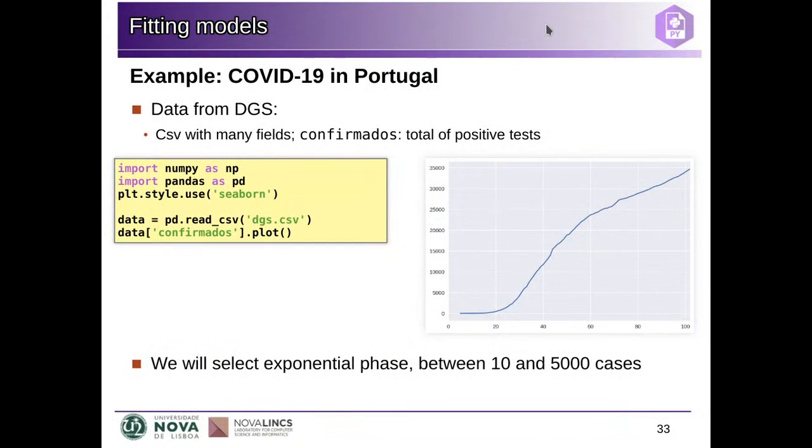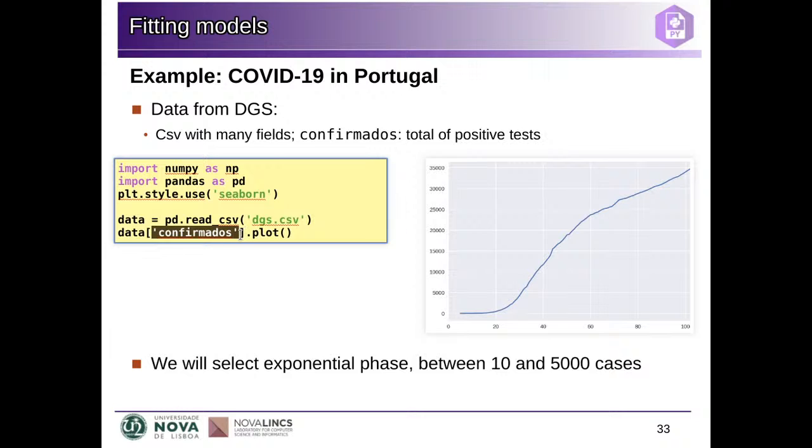Now, another thing that we can do is we have a set of data points, and we want to adjust some model to that data. I'm going to give you just a very simple example using the data from the first days of the COVID-19 epidemic in Portugal. So we have this table with the number of positive cases.